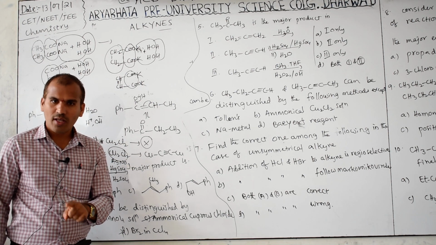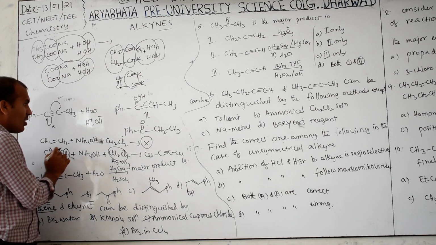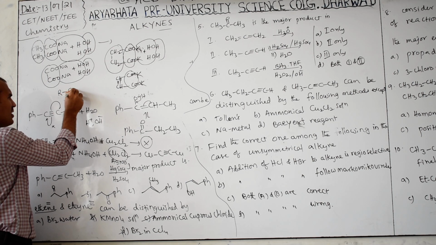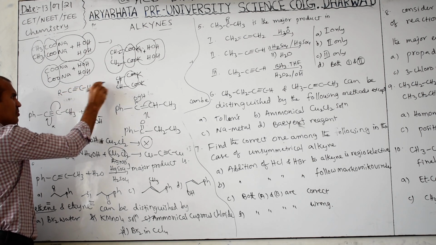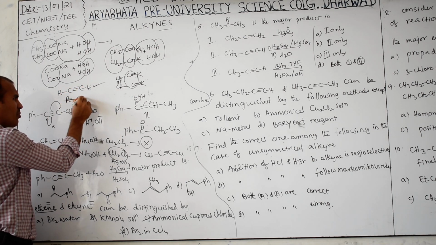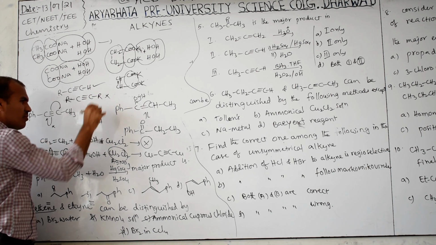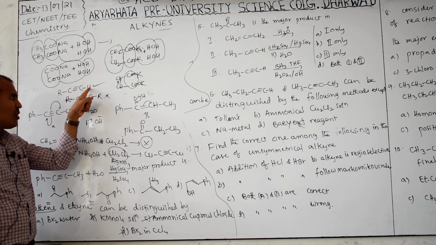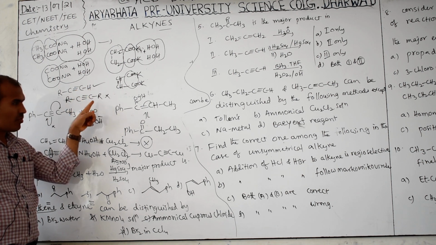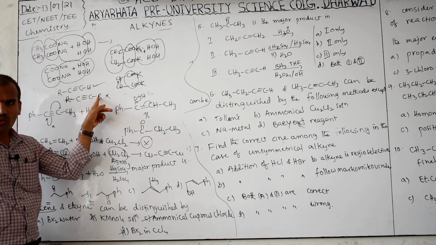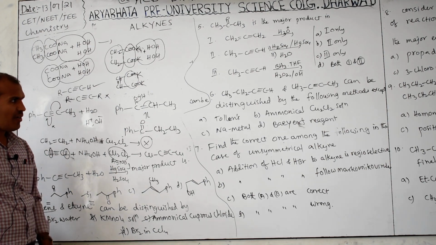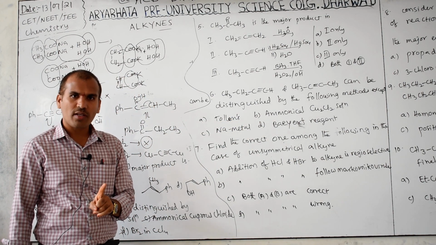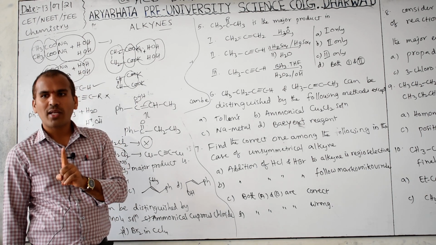That also, the alkyne should be like this. If it is like this, then it gives. An alkyne like this does not give, because there is no acidic hydrogen here. Acidic hydrogen means hydrogen bonded to a triple-bonded carbon, but is there any hydrogen here? No. So this test, Tollens and ammoniacal cuprous chloride, is given only when it is possible, and that should be a terminal alkyne.